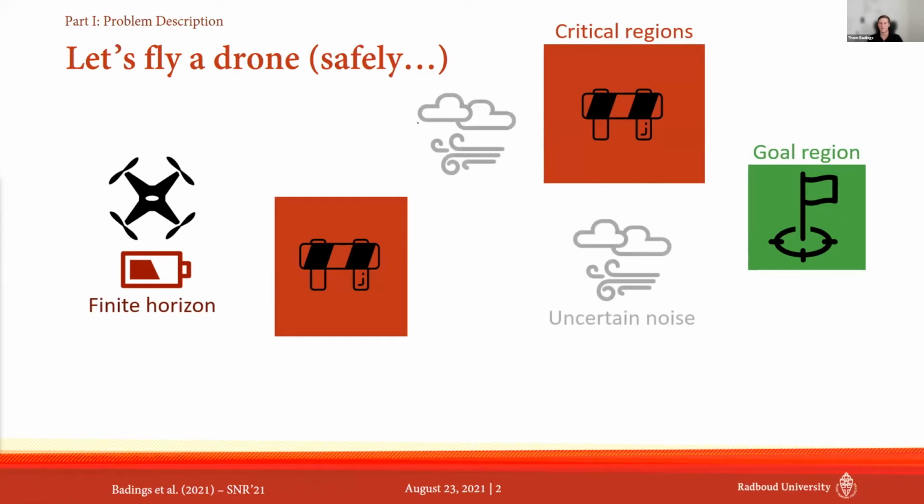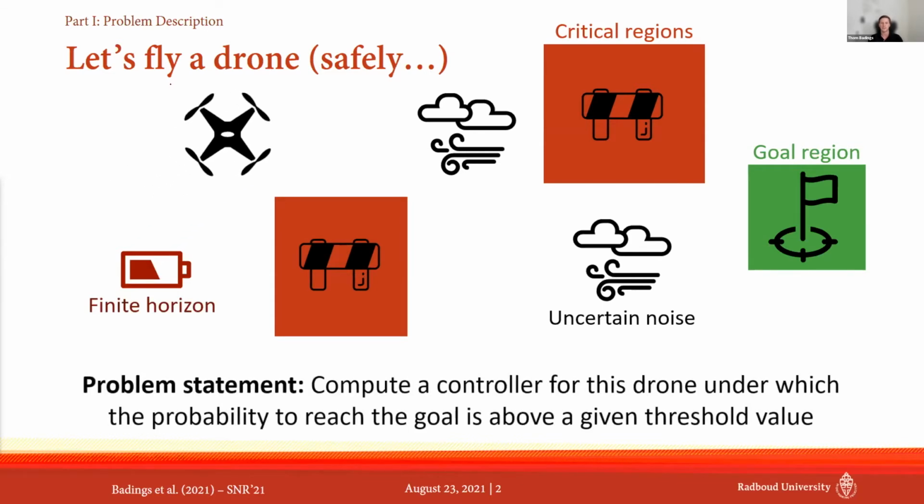And finally, but quite importantly, we want to consider the effect of uncertainty in this problem, which can be caused by wind or turbulence, and this may affect the state and the velocity of this drone. And then the problem that we want to solve is basically that we want to compute a controller for this drone under which the probability to reach the goal is above a given threshold value.